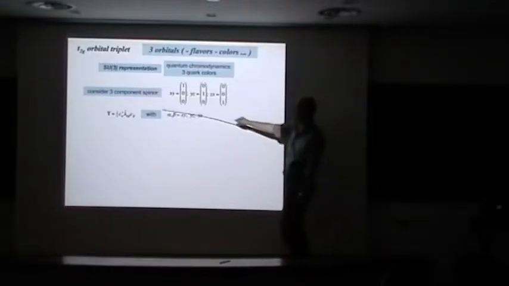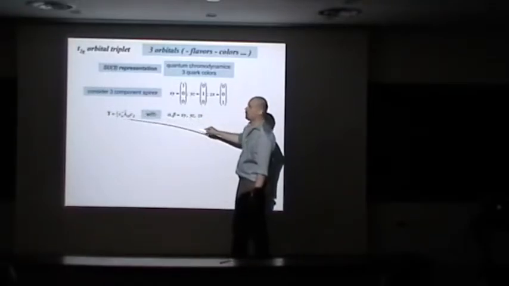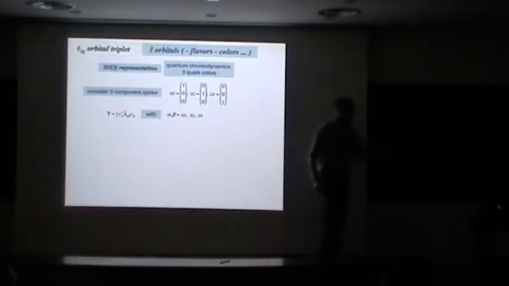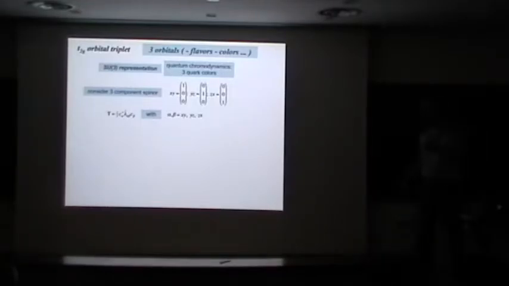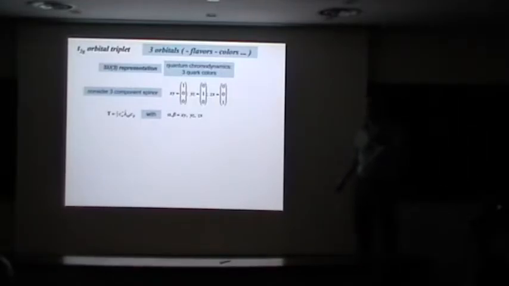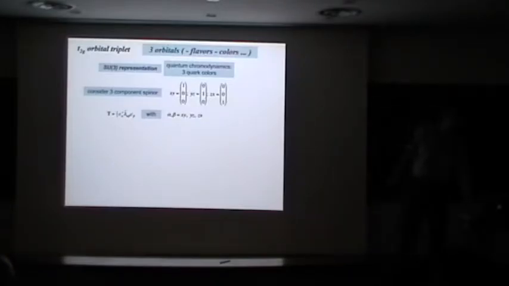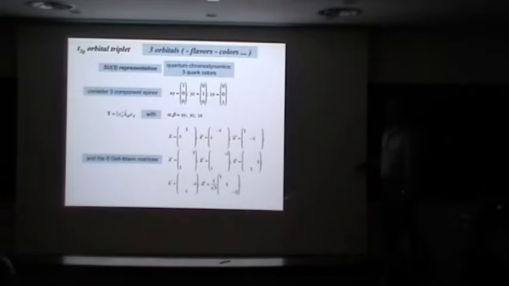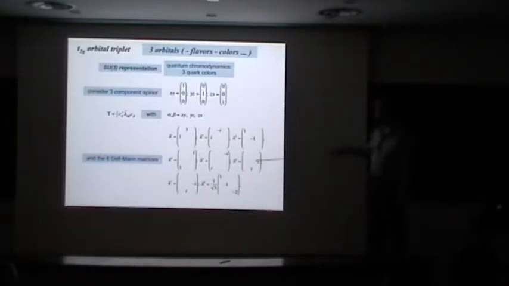And now again, I can write down my operators here, but I have to think about which are the matrices that generate the rotations of SU3. Of SU2, the rotations are generated by the Pauli matrices. Of SU3, rotations are generated by the Gell-Mann matrices, which are 8.